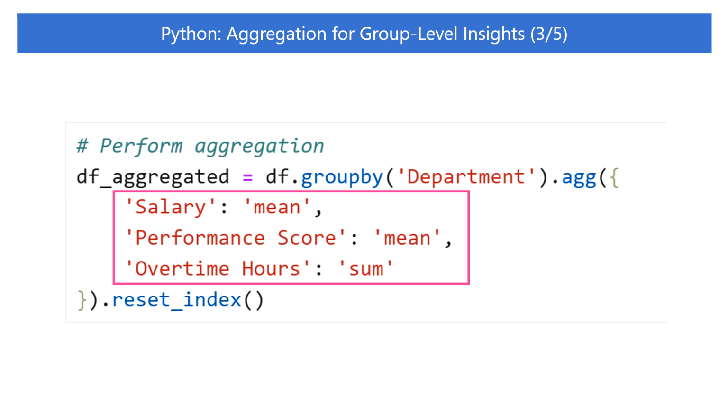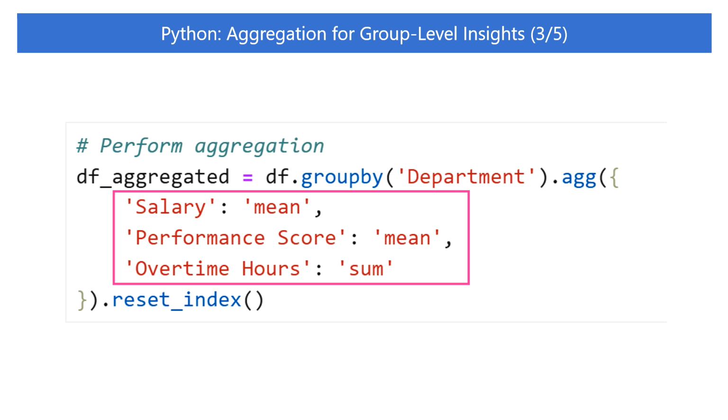Let's see from line 2 to line 4. This dictionary specifies the aggregation rules for each column. The first, salary mean, calculates the average salary for each department. The second, performance score mean, calculates the average performance score for each department.